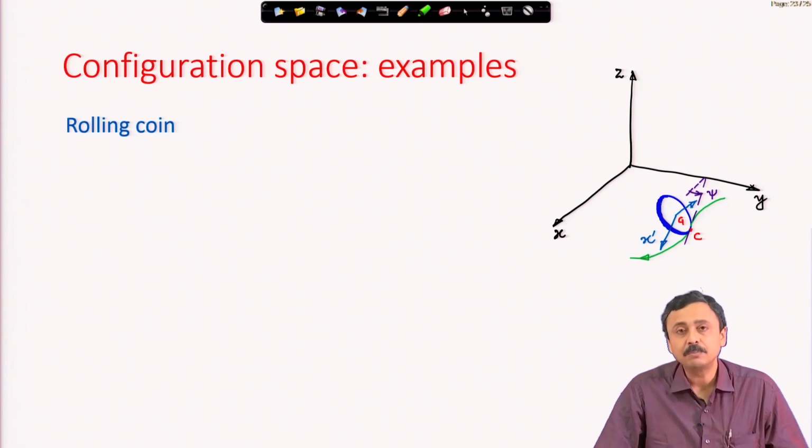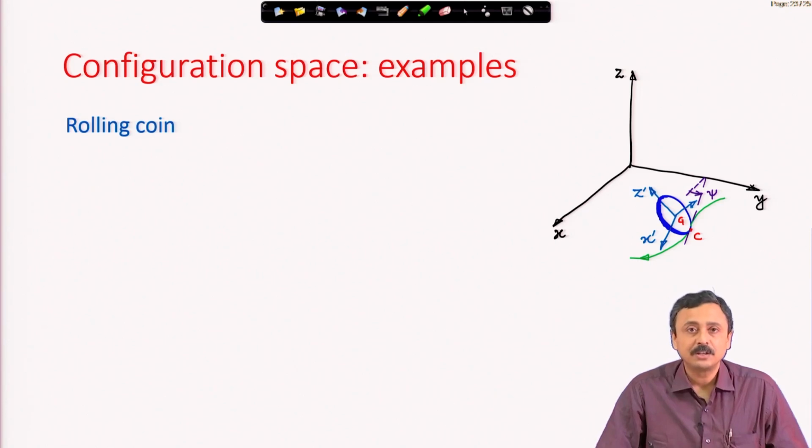Therefore, x prime is perpendicular to the z axis and it passes through G, and x prime also lies on the face of the coin. I define a z prime axis which completes the right handed coordinate system x prime, y prime, z prime. Y prime I have not written, just for making the figure clear.